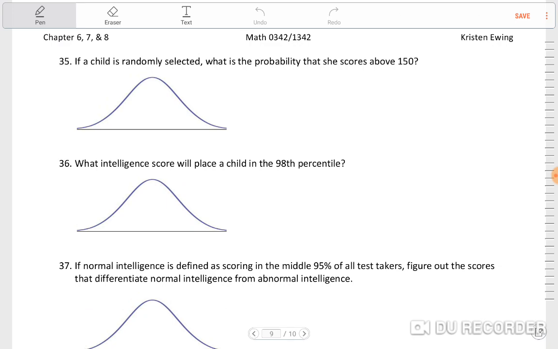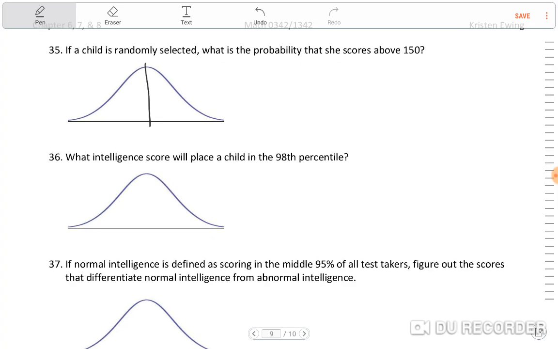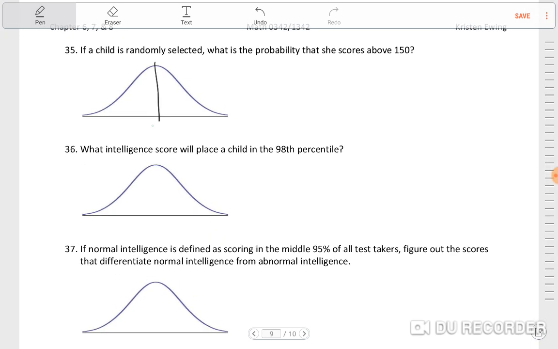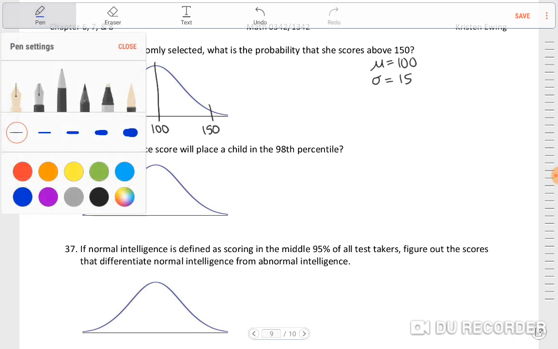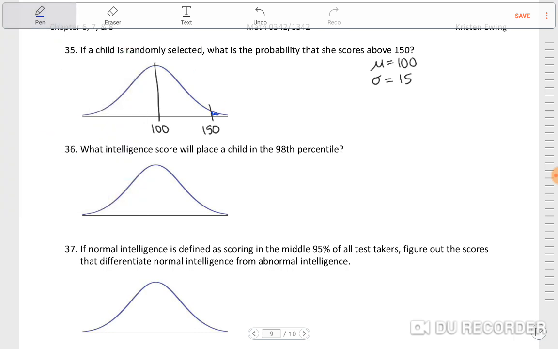If a child is randomly selected, what is the probability that she scores above a 150? So here's your 100. Mean is 100. Standard deviation is 15. So 150 is way over here. So that's a really tiny area, that right there.